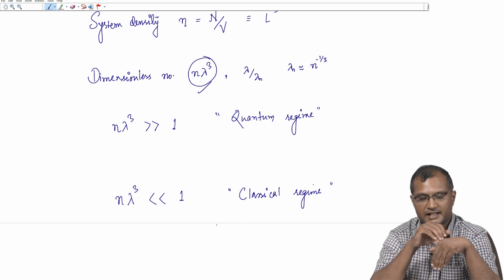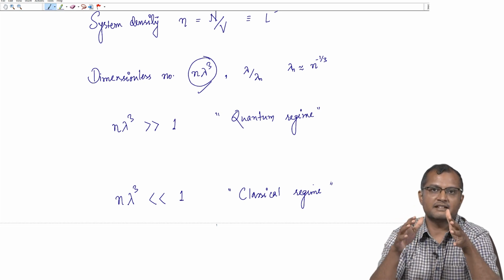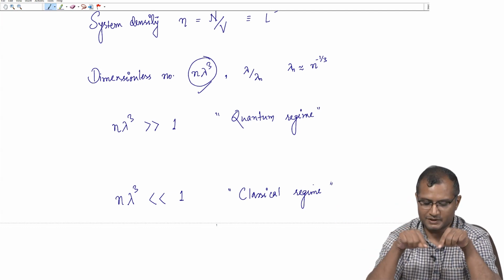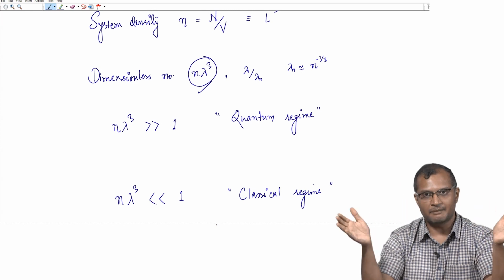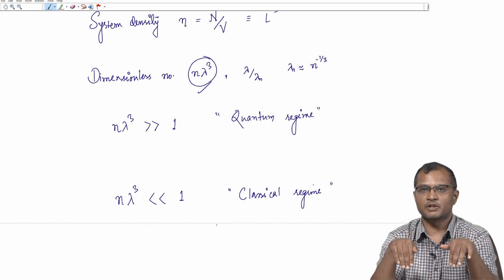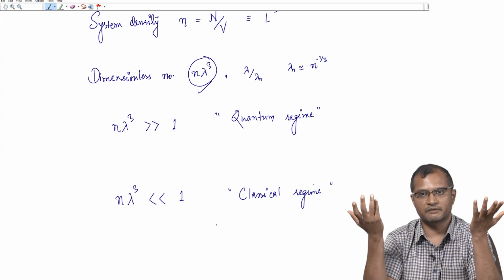And lambda is also made very small, which is like increasing temperature, because lambda is proportional to 1 upon square root T. So, both n and lambda increased increases n lambda cube, and both n and lambda reduced reduces n lambda cube. It is very simple to see why one leads to a quantum effect and the other leads to classical behavior.